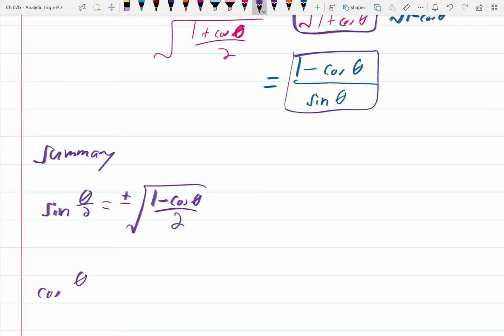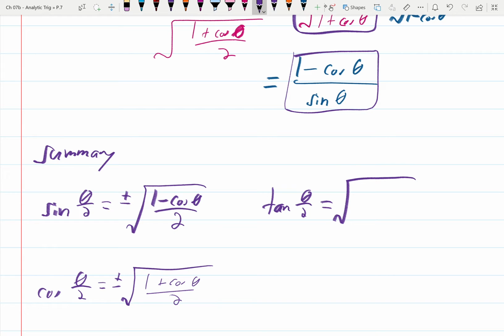Cosine theta over 2 is plus or minus root 1 plus cosine of theta over 2. Tangent theta over 2 is big root 1 minus cosine of theta over 1 plus cosine of theta. And I'll put a plus minus on that one because we'll have to determine what quadrant it's in.